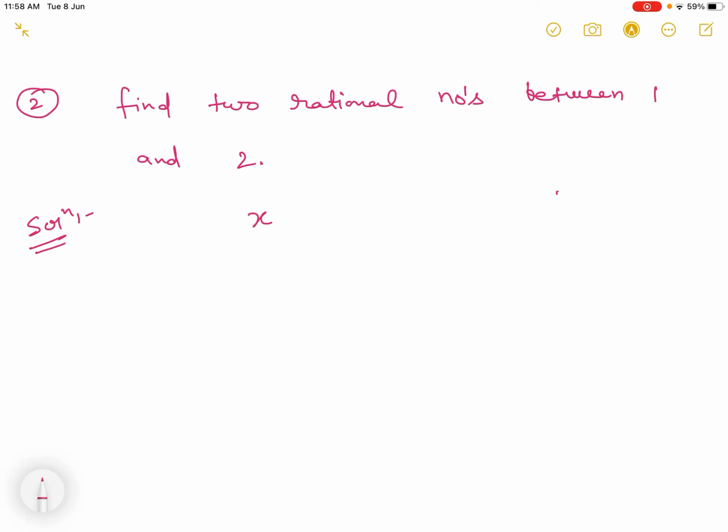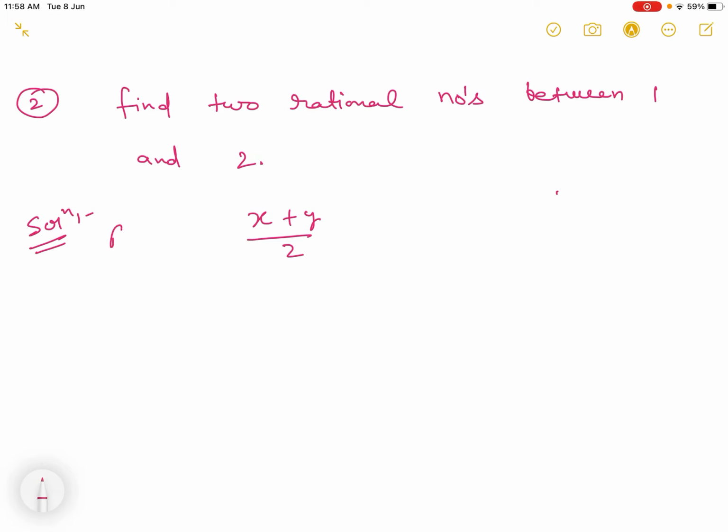Suppose we have to find two rational numbers between the same numbers we have taken in our previous question, 1 and 2. So what will we do? We will use the same formula, (x plus y) by 2.